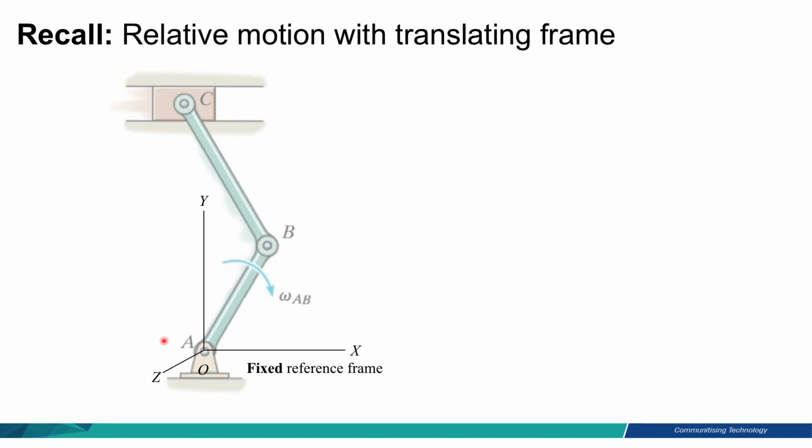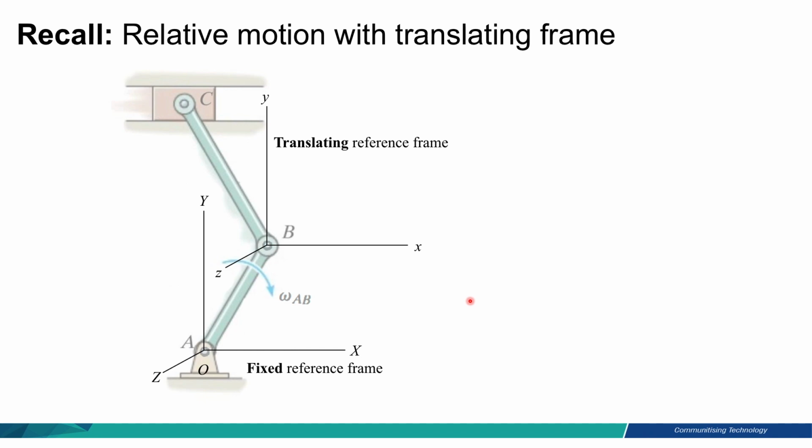Then to analyze point B, we use the fixed reference frame at point A. To calculate the velocity and acceleration of point C, we then set point B as the other reference frame, and this is called the translating reference frame.